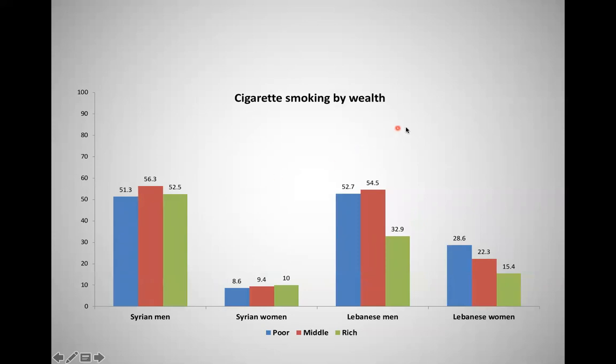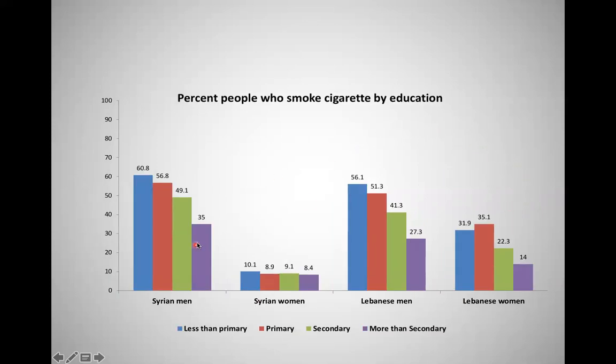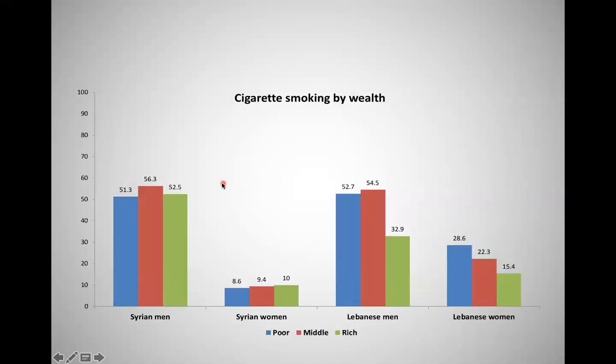Now, I read the data for you for education. I walked you through it. And I would like you yourself, with your partner in pair, to read the data for wealth. What does this mean for Lebanese men?